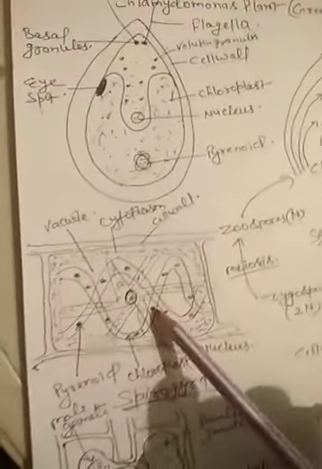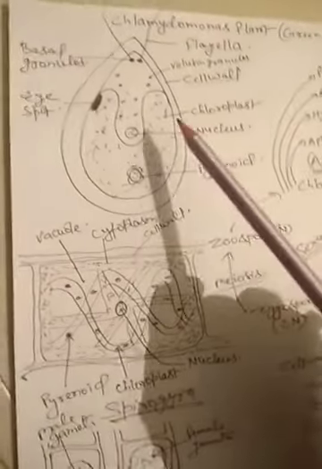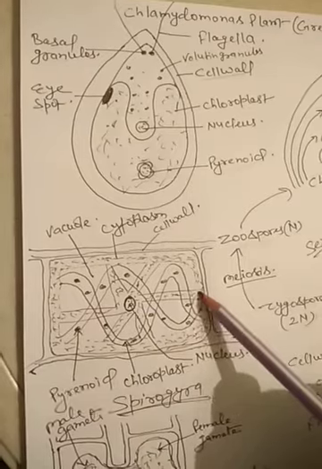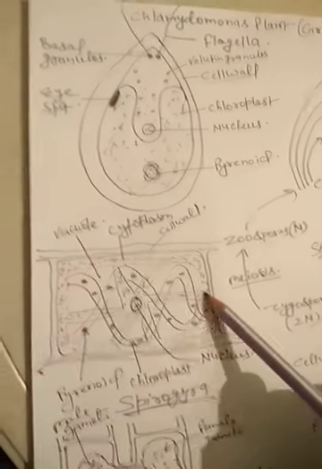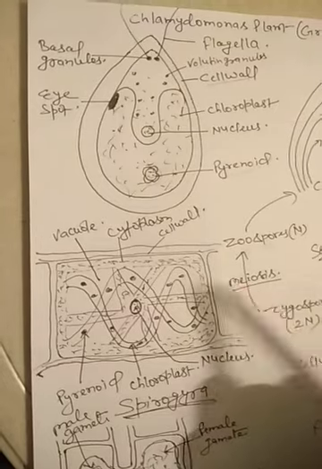Now we will talk about Spirogyra. This is also a green algae. This is a filamentous, multicellular alga. Chlamydomonas is unicellular, while Spirogyra is filamentous and multicellular, and consists of many cells present one above the other.